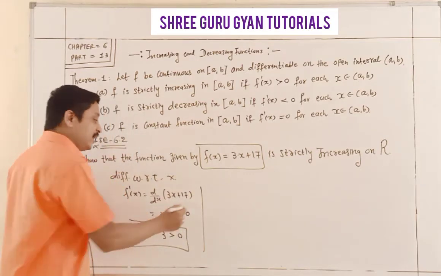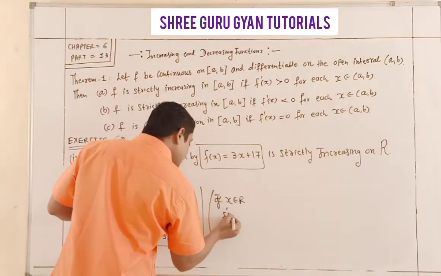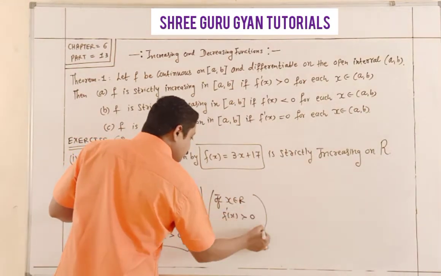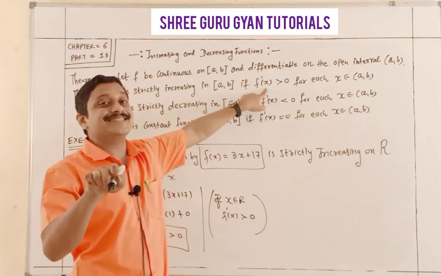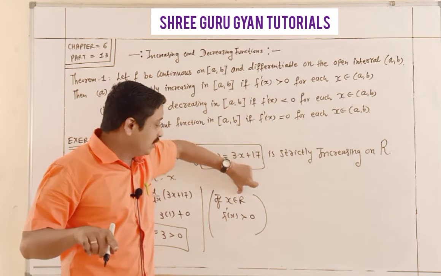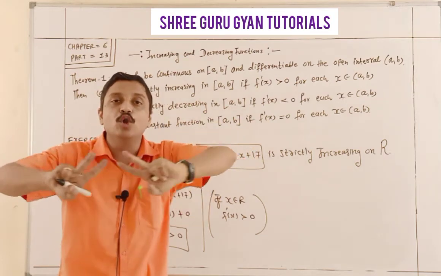Condition, right? If x belongs to R, what is your f dash x? Greater than 0. It means you proved it is strictly increasing in its domain. What is the domain? R. R means minus infinity to plus infinity, the whole number line.